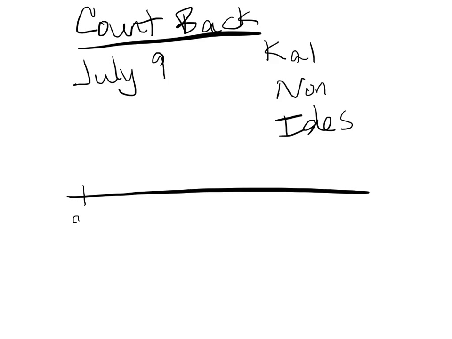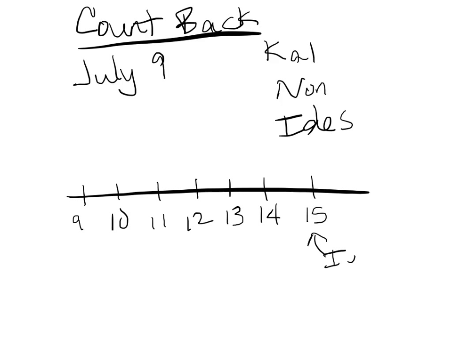Here's July 9th, 10th, 11th, 12th, 13th. Hey, you know what? I think the nearest date would be the calends of July. I'm sorry, not the calends, the ides of July. Remember, the ides usually fall on the 13th, but since this is a jam month, July, October, March, or May, the ides of July is on the 15th instead of the 13th.